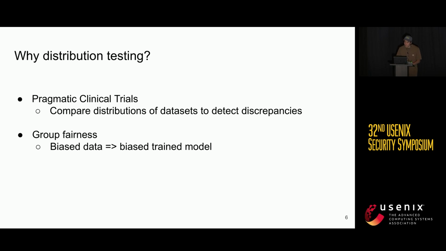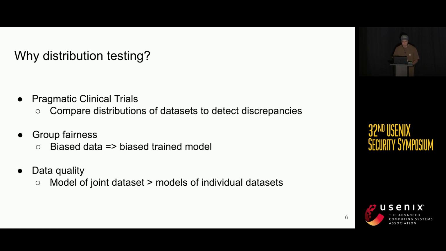And the way that you can check, detect, and remove these biases is through distribution testing. And third, we have data quality. This says that the model of the joint data set of all the data sets combined together, as long as these data sets are of good quality, which we can ensure with distribution testing, is going to be of much greater quality or accuracy than individual models trained on individual data sets.